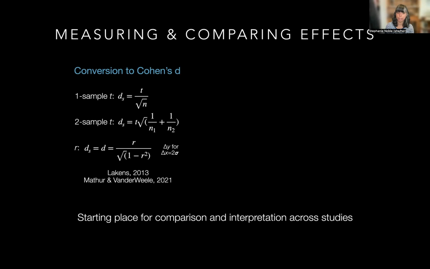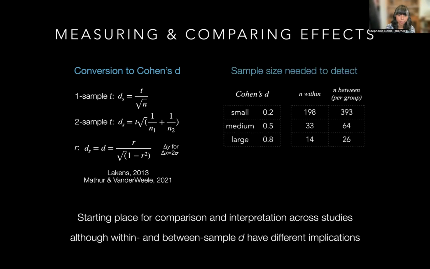I'm just going to stick with that particular convention, but note that if you chose a different change in X, that could also differ. And I also want to note that it's difficult to compare the same Cohen's d effect sizes across within and between subject designs.